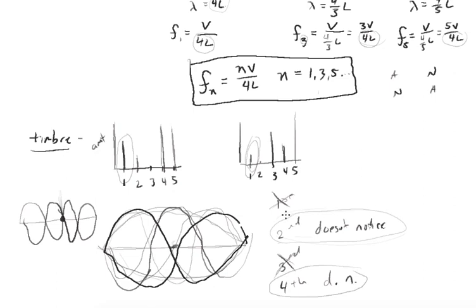Basically you're forcing any of the harmonics that would not be nodes at the point where you're touching the string to cancel out. The only things left behind are the ones that had nodes at those locations, and it gives you a different sound when you play it. You do it at different locations on the string, and you're playing different harmonics. All right? So that's just a little bit of extra, and I think that's pretty much it for standing waves.